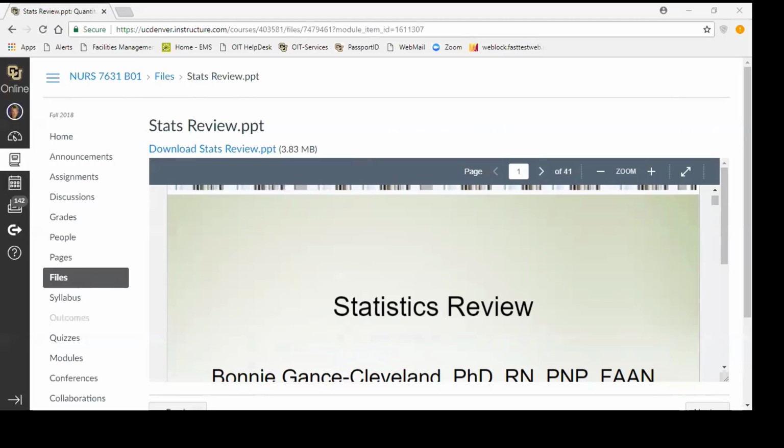And a 0 is no effect, a 0.5 is a small effect, 0.75 medium, and 1 for large. Odds ratio is another way to look at how big this relationship is. A 1 means no relationship, less than 1 means there's a negative effect, and over 1 is a positive effect.